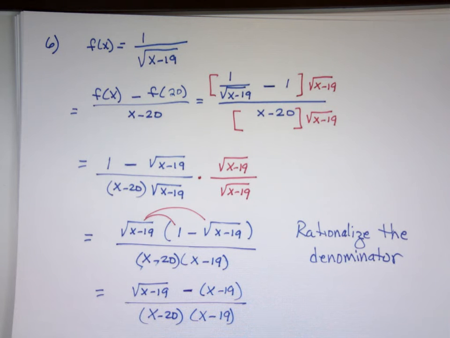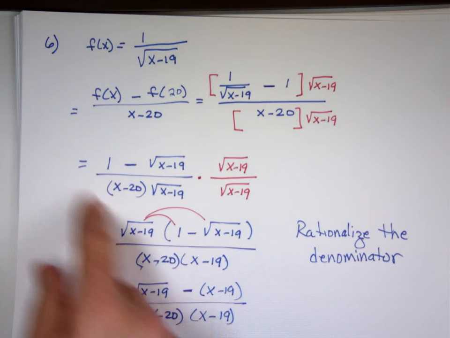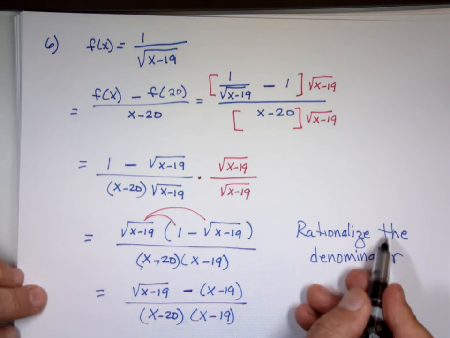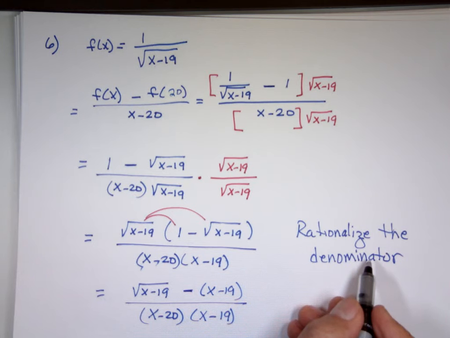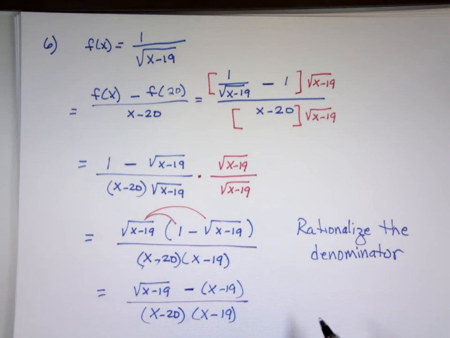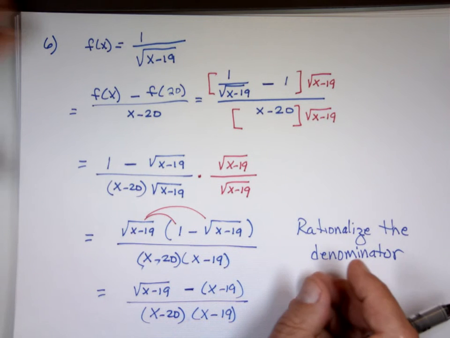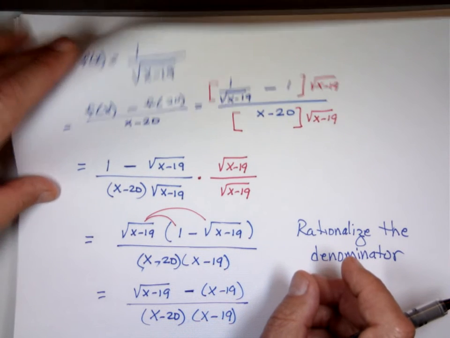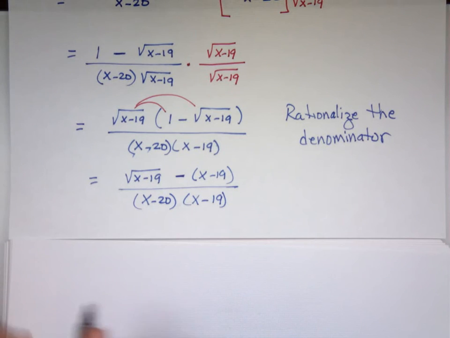Every once in a while, and I don't know if this book says that or not, or the homework, you end up with an answer like this, but instead of saying rationalize the denominator, they might say rationalize the numerator, the top. Just want to make sure you remember how to do that.